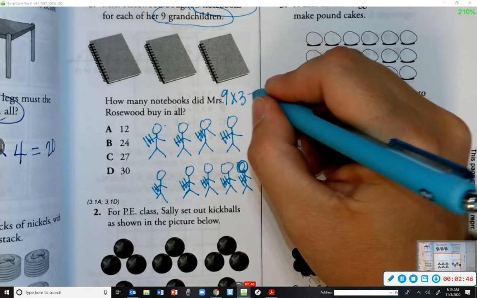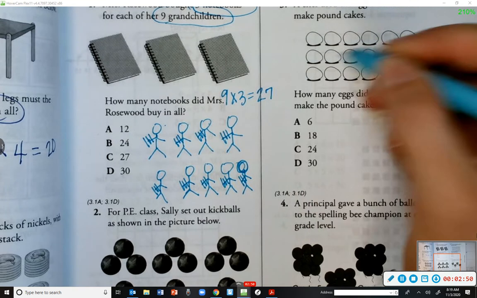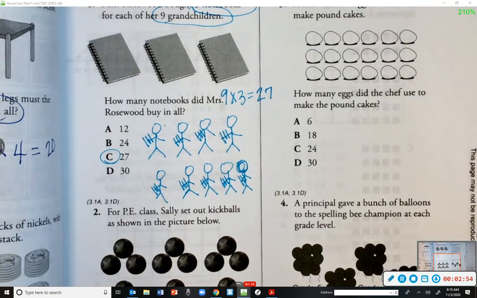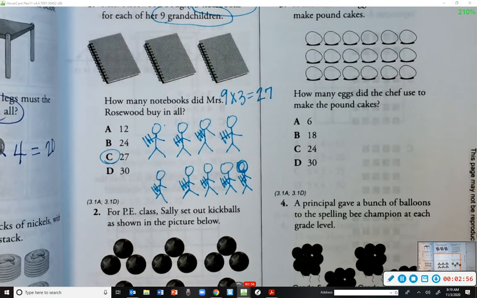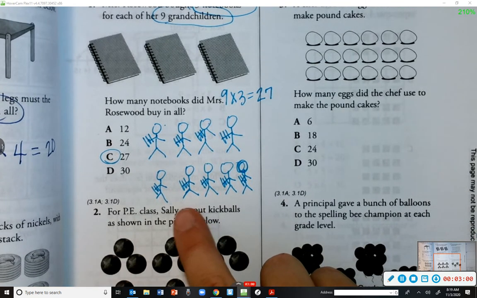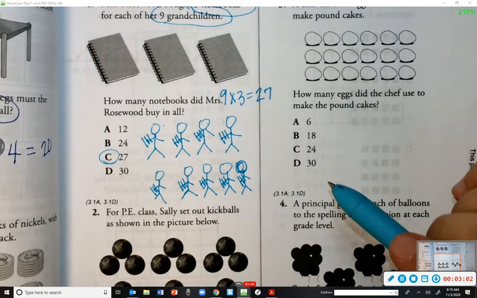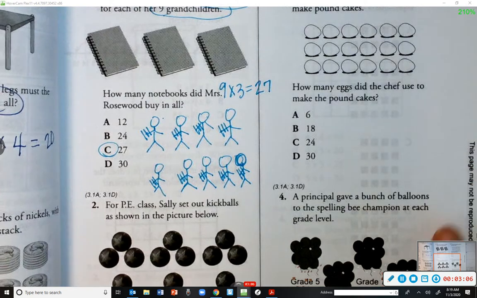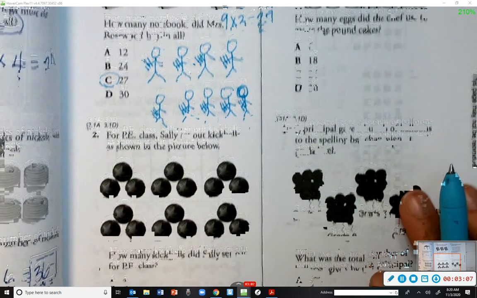So 27 is 9 times 3. Okay, so we used a pictorial model, and then we also skip counted. So we did 2 things in one problem.